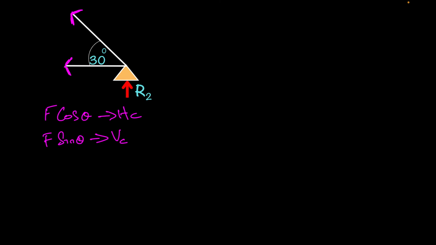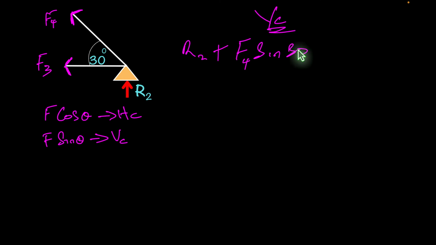So let's start with the vertical force components. This time around we have R2 that's going upward, and let's label this as F4 and this one as F3. So we're going to have F4 going upward, so plus F4 and the angle sin 30 equals 0.